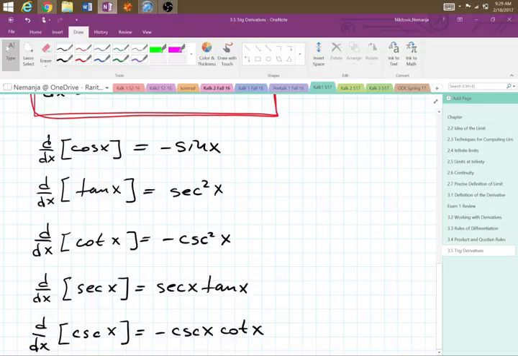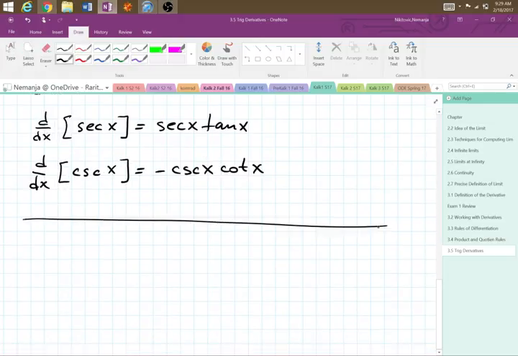Except, let's see. Do we all know product rule? Do we all know quotient rule? Nice. How about an exam question?